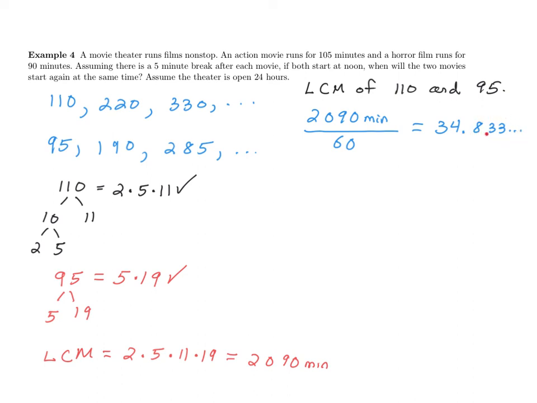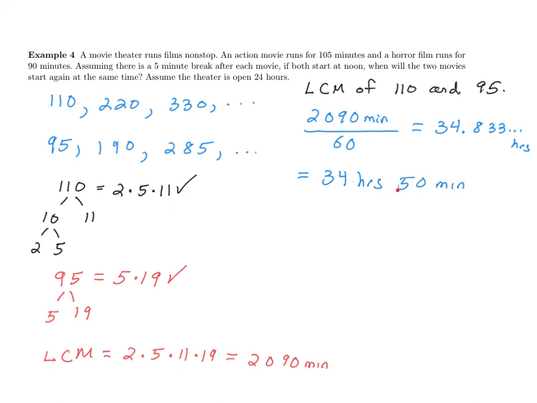What I'll do is take that decimal and multiply it by 60. So 0.833 repeating times 60 is about 50 minutes. So here, this is 34.833 hours, but that's really 34 hours and 50 minutes.